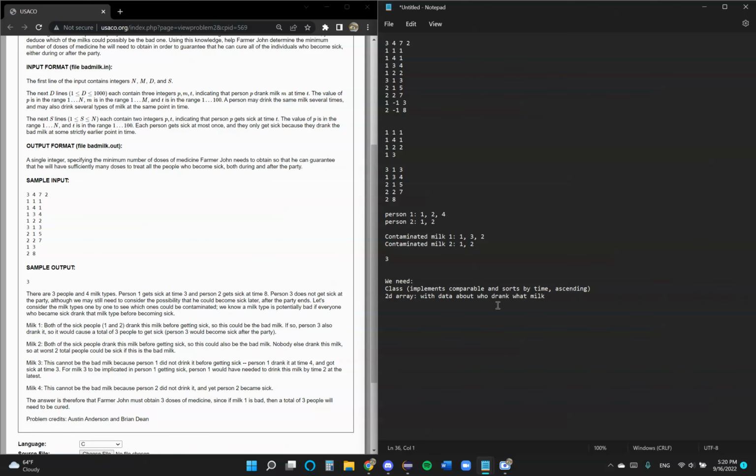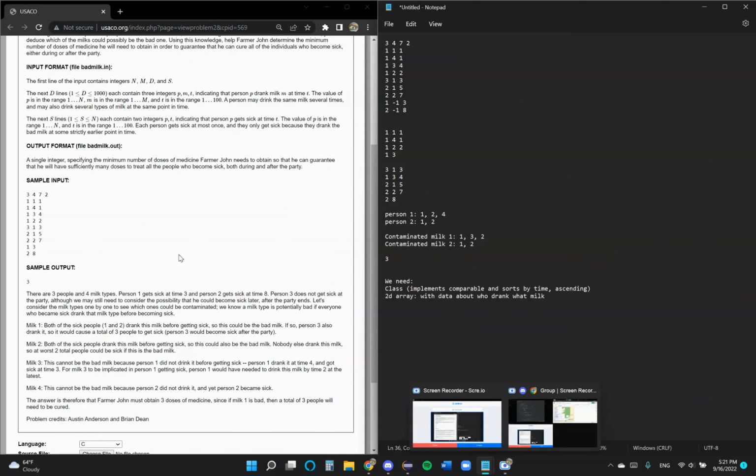And what we'll also need is some way of checking if this milk is possibly bad or contaminated. So first we're going to need some kind of Boolean array that's going to check if this milk is possibly contaminated.